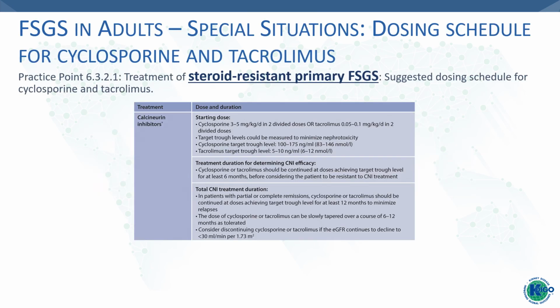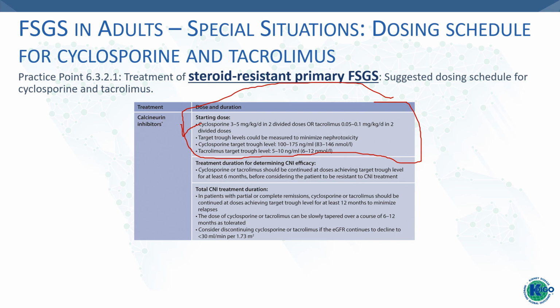What if the patient has steroid resistant primary FSGS? From the start, you will start cyclosporin, it is the only alternative, or tacrolimus with the same doses we set in the initiation.